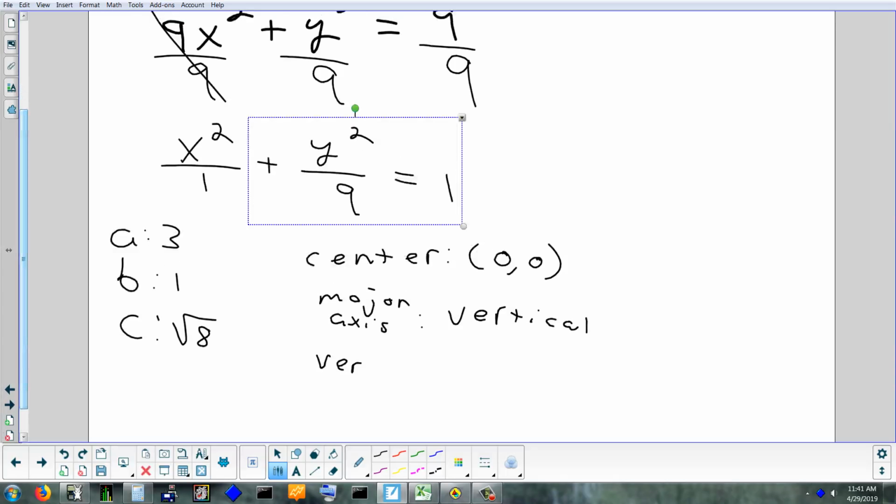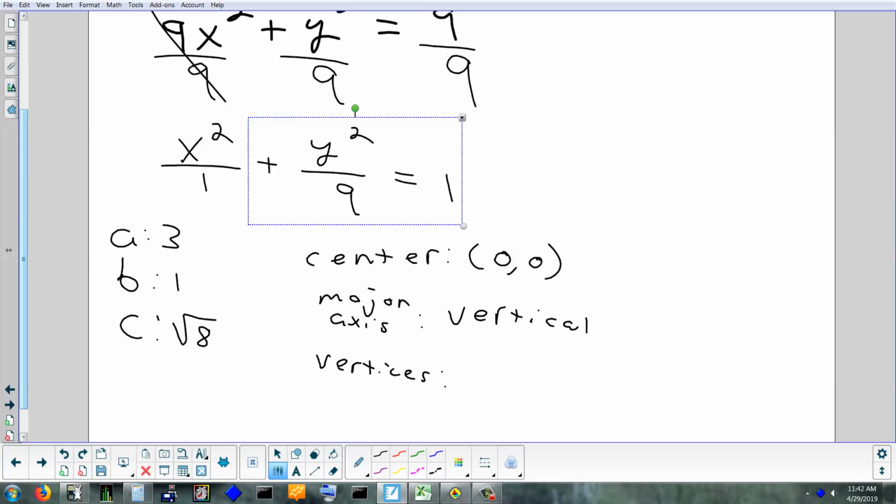Okay, vertices. How far are the vertices from the center? 3 units away. And then which way? In which directions?